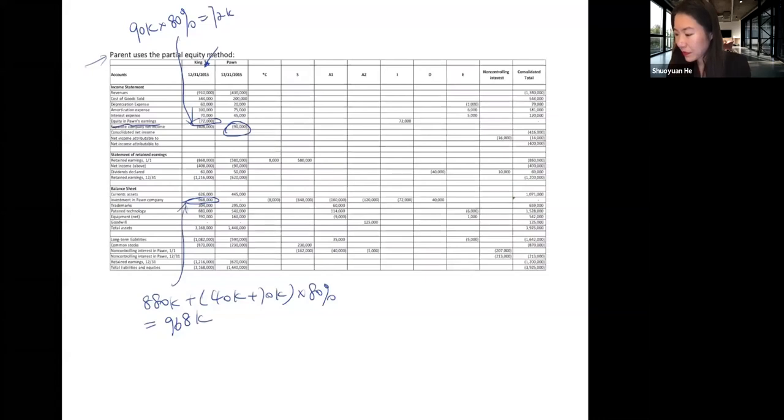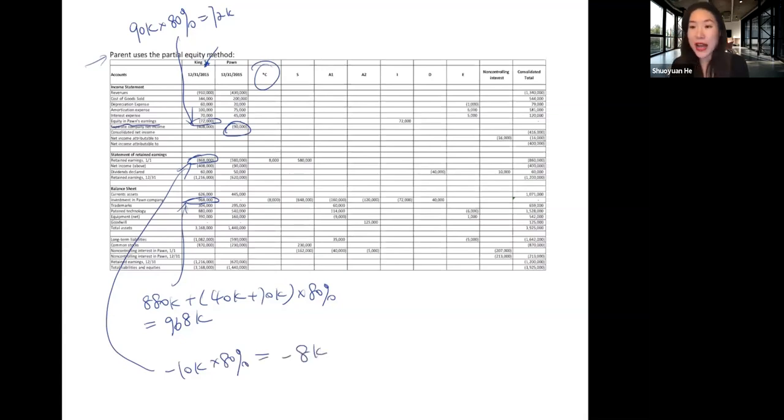That gives you 968,000. And then your retained earning consolidation entry C, we use it to adjust your beginning parent's retained earning into what it should be under the equity method. To adjust it, we just need to take out 1 year's amortization multiplied by 80%, meaning we take out 8,000.